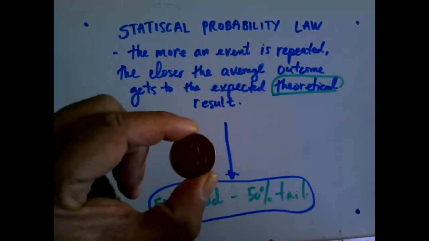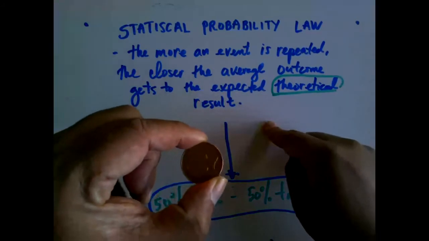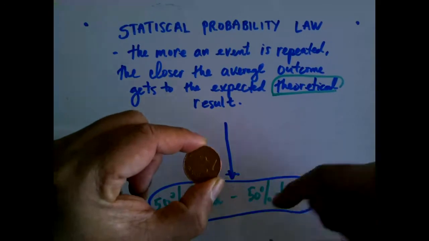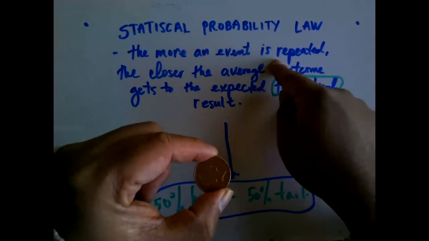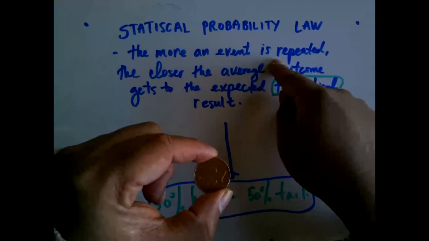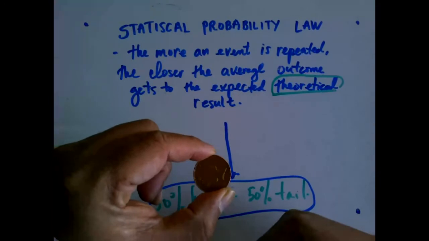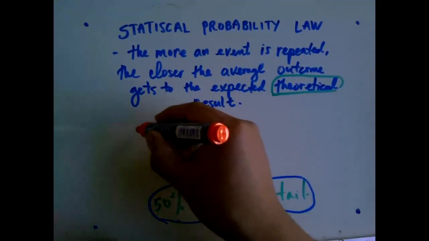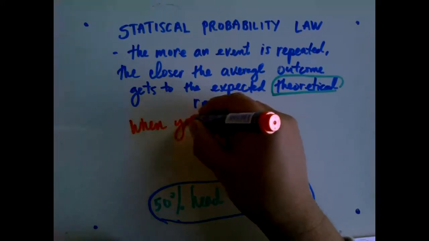So when you're losing in a 50-50 game of chance, never stop. You have to keep playing. You have to keep repeating the coin toss, and only then do you have a probability of recuperating your loss. So that is when you are losing.